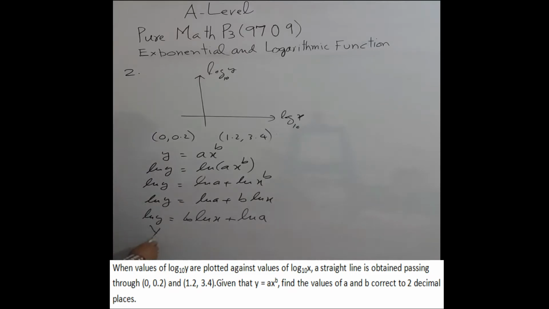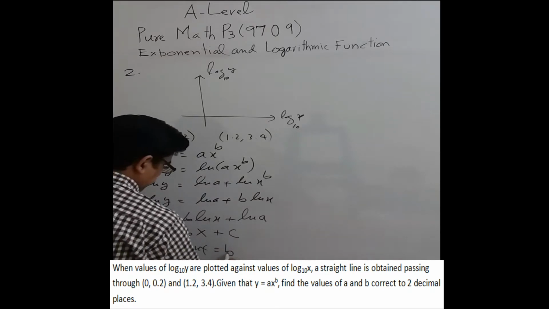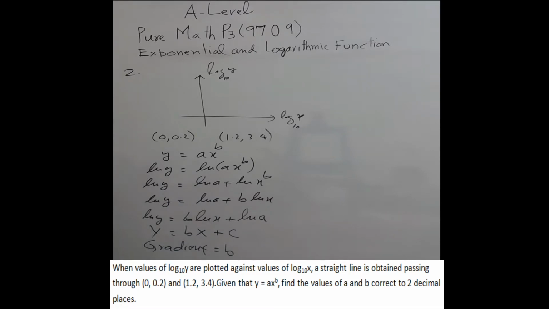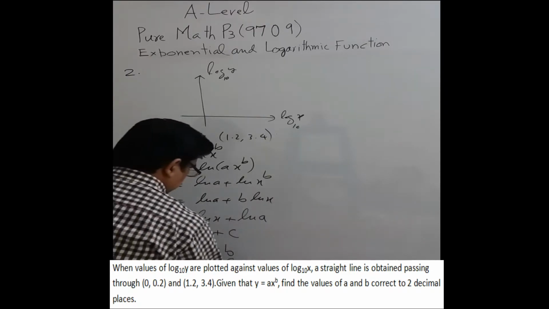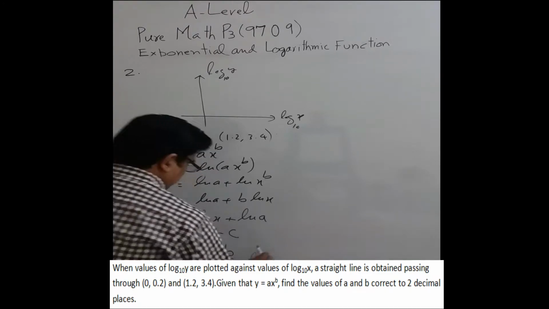Now if this is taken as y and this as x, and this as c, we see that your gradient is equal to b. Gradient is b and y-intercept c is ln a.